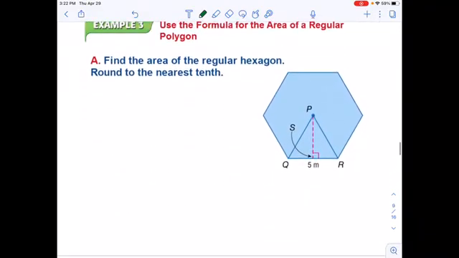So let's try some. We're going to find the area of the regular hexagon and round to the nearest tenth. So things that we need: the apothem, and we need the side length. That'll get us our perimeter.